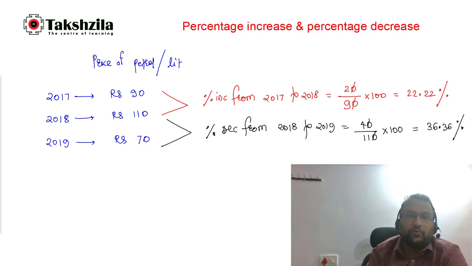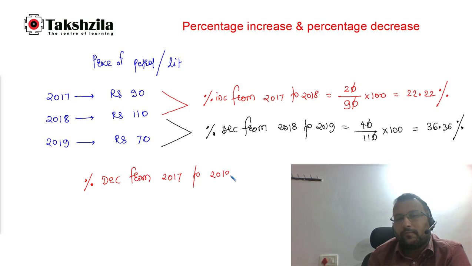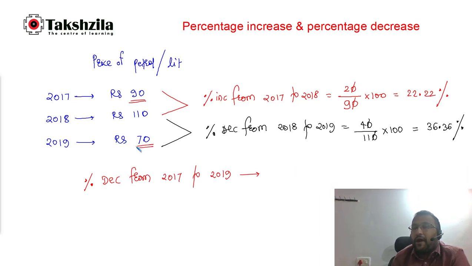Now if I ask you to find the percentage decrease from the year 2017 to the year 2019. In the year 2017 the price is 90 and in the year 2019 the price is 70. So it doesn't matter what is happening in between years.